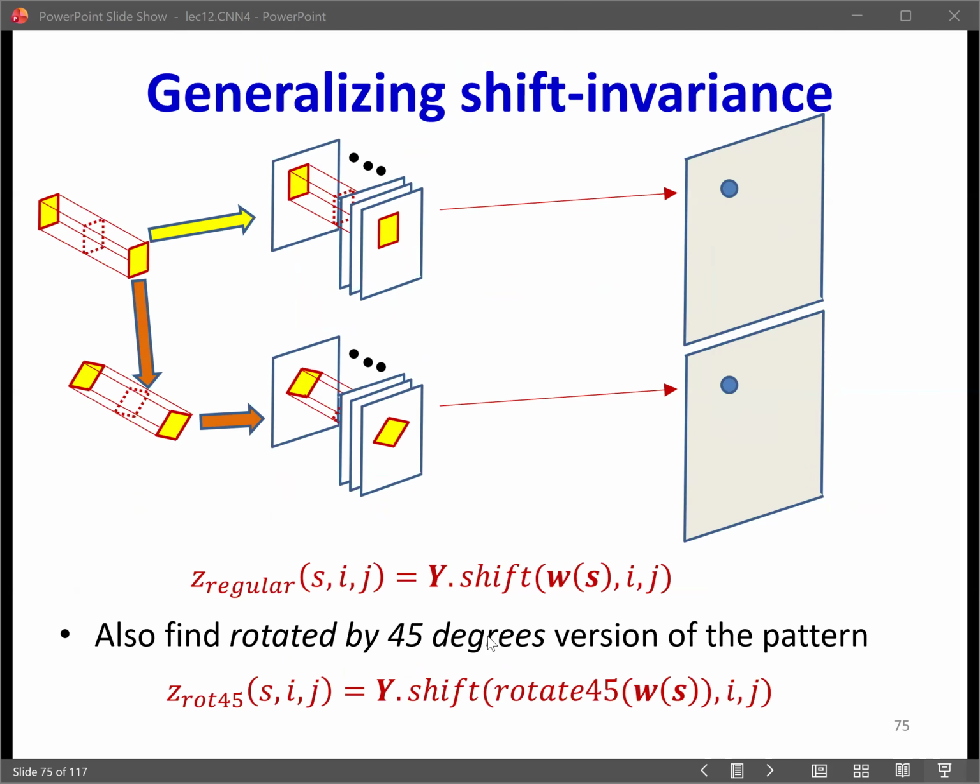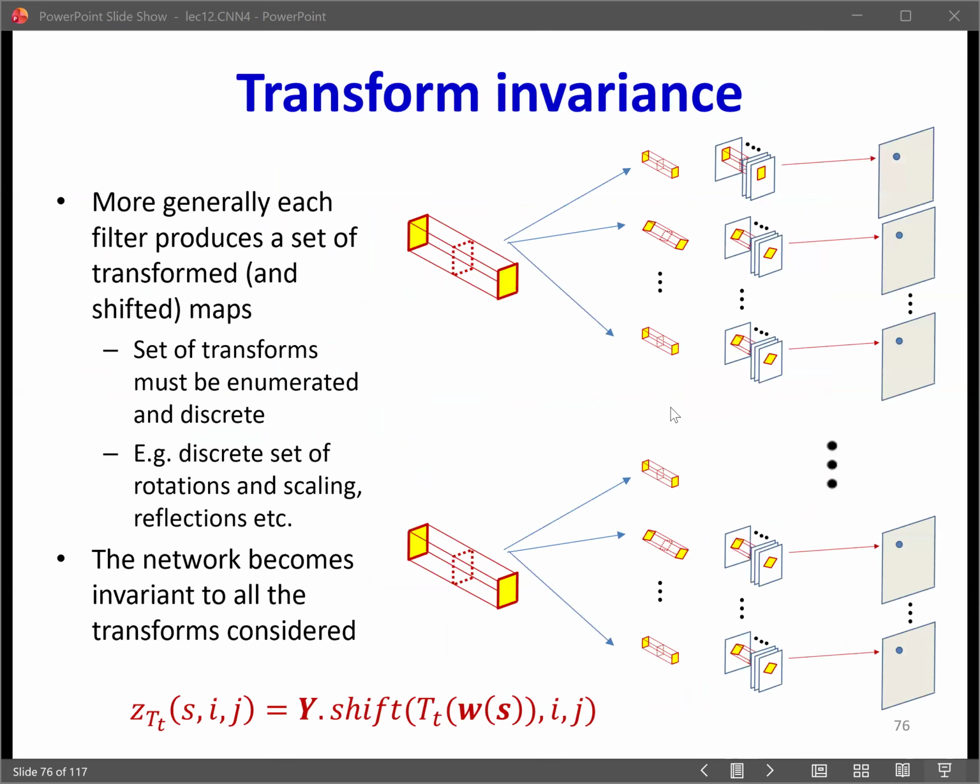If I want rotation invariance, I get a z which convolves y with a rotated version of the filter. I can combine rotation and shift, rotate and shift. And so I'm now going to get rotation invariance for the same feature. This makes sense to everybody? Beautiful.